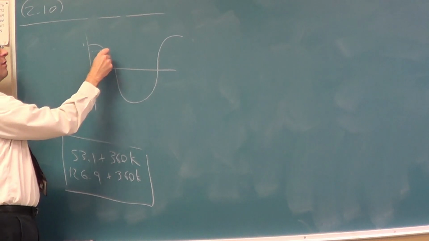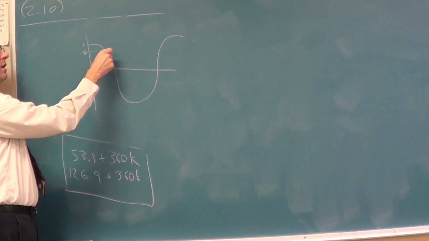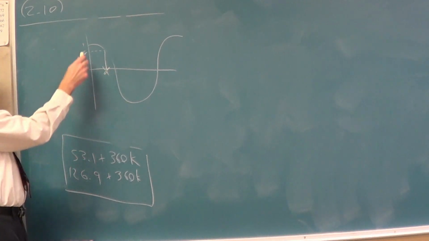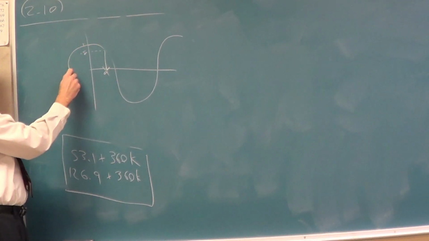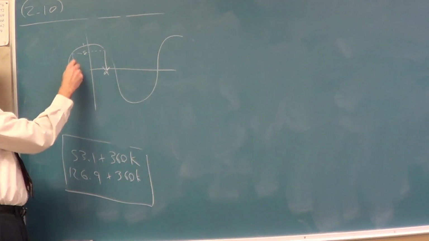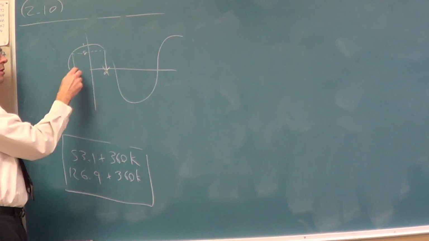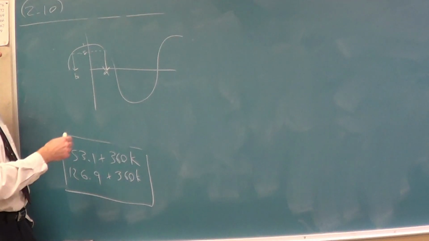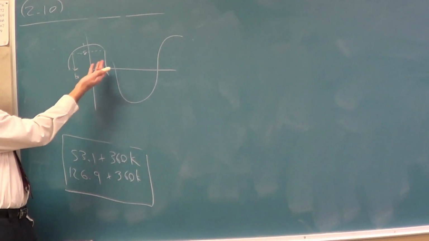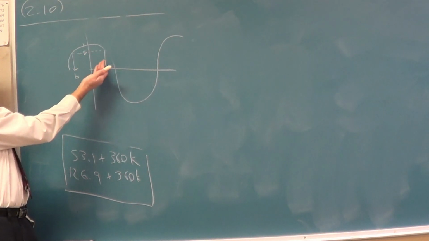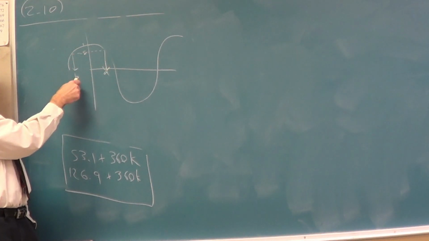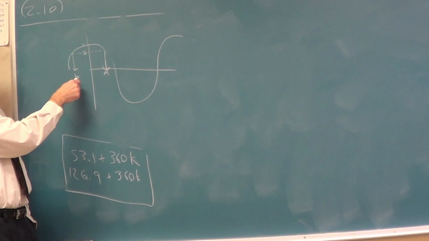So if I go looking for 0.8, that would give me angle location A. But if I go this way, how would angle location B compare to angle location A? Because of the symmetry, whatever A is, B's the same number, it's just negative.